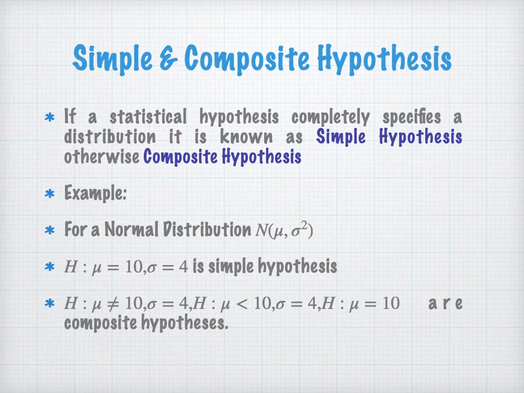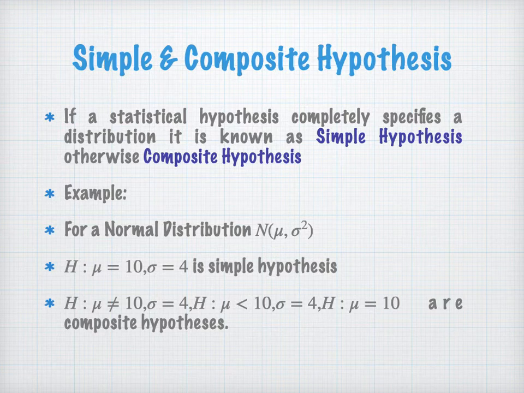Now, the next are examples for the composite hypothesis. H naught: mu not equal to 10, comma, sigma is equal to 4. If we consider mu not equal to 10 and sigma equal to 4, we know sigma square is 16 because sigma is a constant 4.